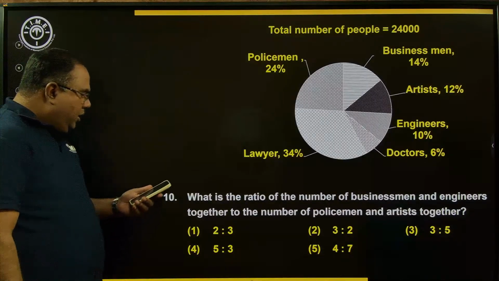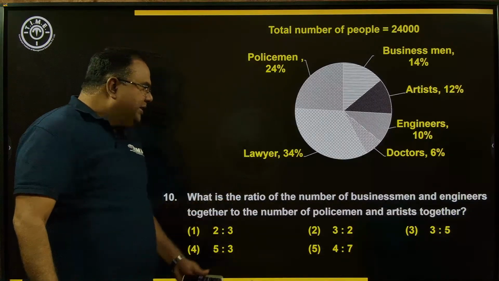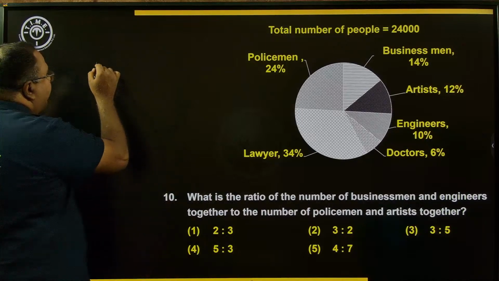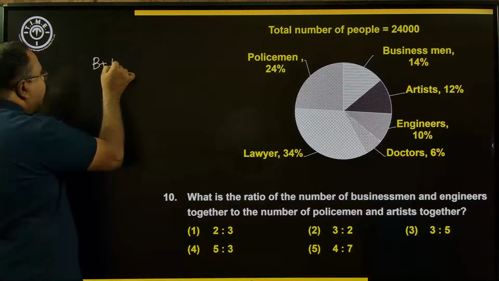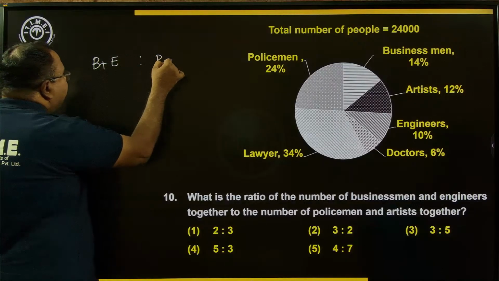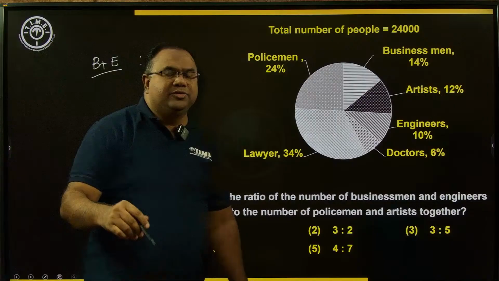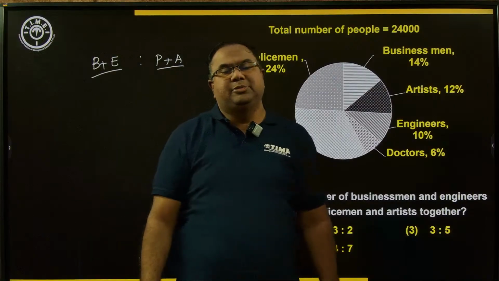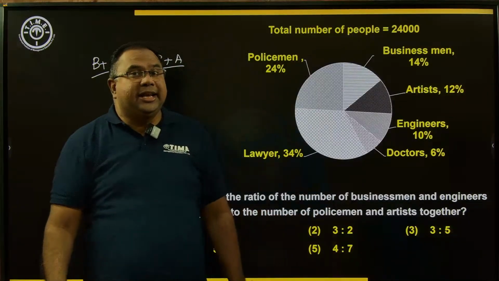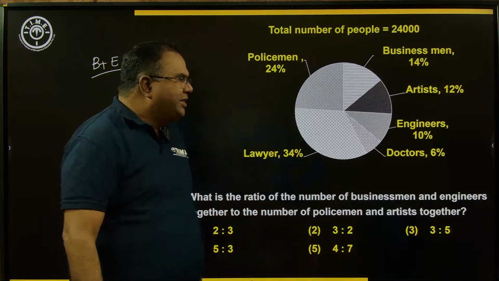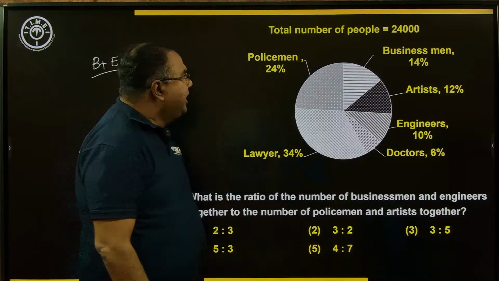Next question. What is the ratio of number of businessmen and engineers together to policemen and artists? Whenever it is a pie chart, you need not calculate the actual values. Whenever it is a percentage question, percentage increase, decrease, or any ratio question, you can assume total value as 100 and solve.